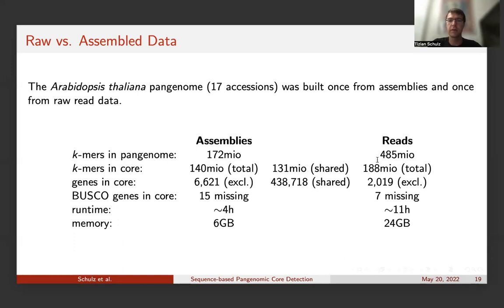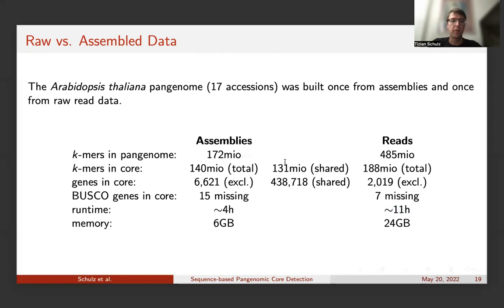So first of all, we see that the pangenome graph for the read dataset is much larger than for the assembly dataset. And also, it took much longer to calculate a core for this read graph. Also, we used more memory.